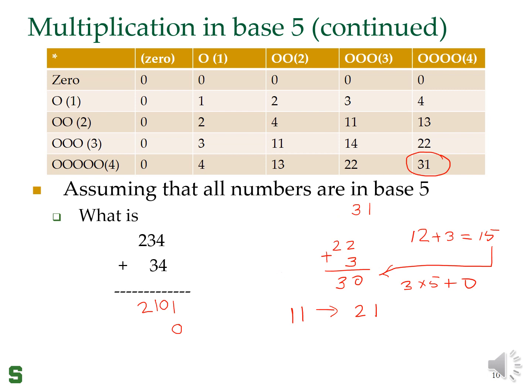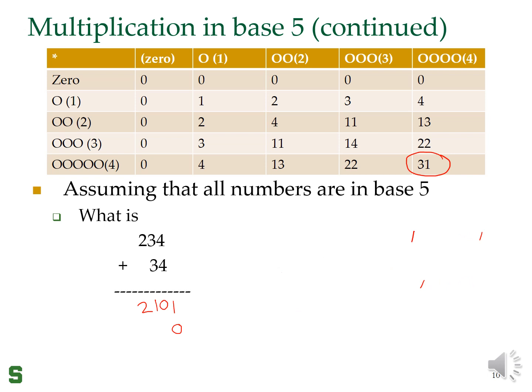Let me clear up a little bit of space here. Okay, so 3 times 4 is 12. So 12 I'm going to represent as 2, 2. So I'm going to write 2. The carry is going to be 2.